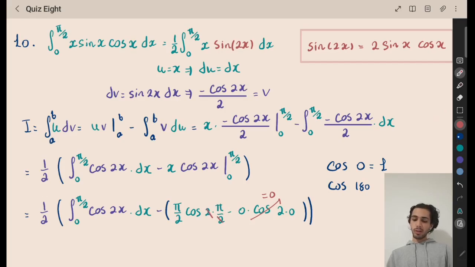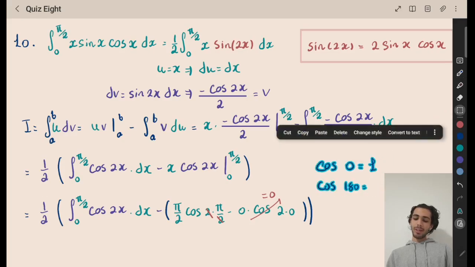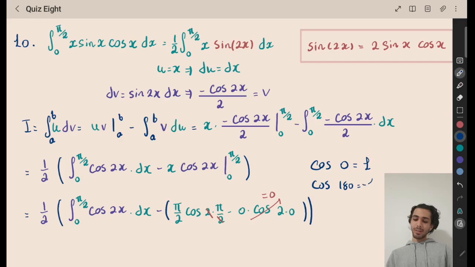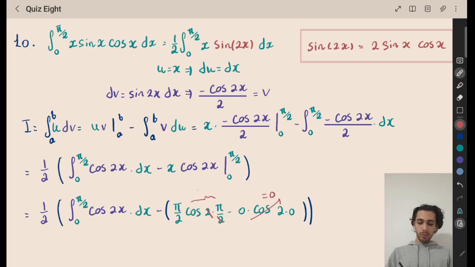Pi is 180 degrees. So 180 is like you flip this around. 180 degrees. So it's a radical change. You get a minus 1. This is a bad way to explain it, so I'll just erase it now. But it works. This is how it works. So it's a minus. Cosine of pi is equal to minus 1.